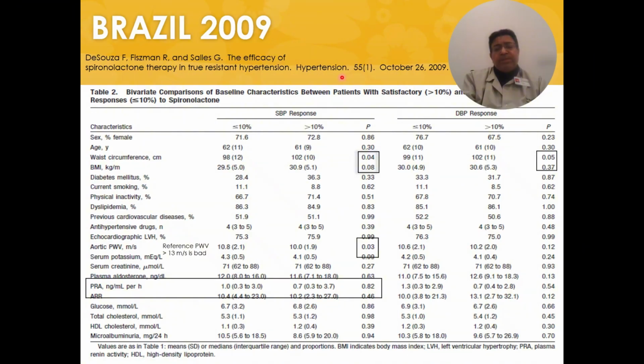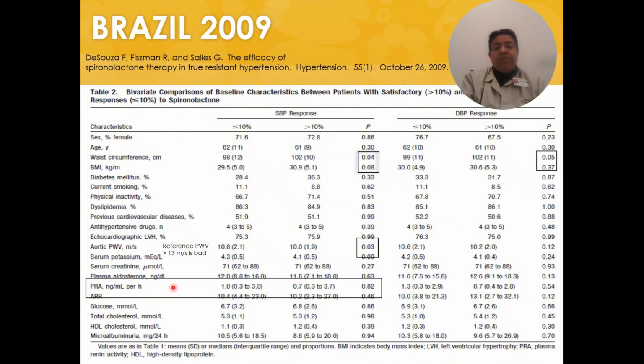The characteristics of the responders to non-responders was relatively symmetric, except for waist circumference and BMI, which was actually higher in the responders. So this was a study without control, and patients were on an average of 4 antihypertensive medications prior to addition of spironolactone. You can see that they did report PRA levels.